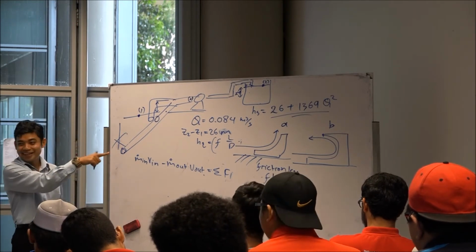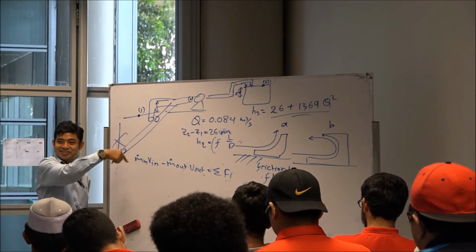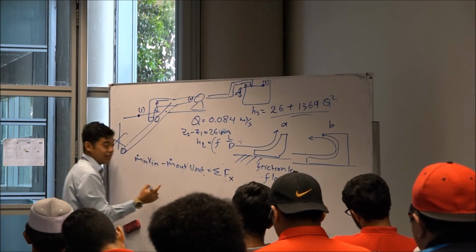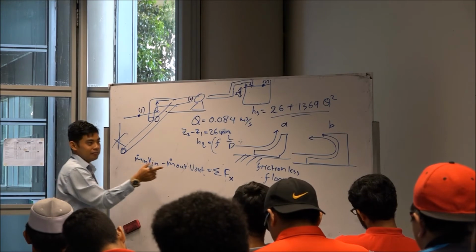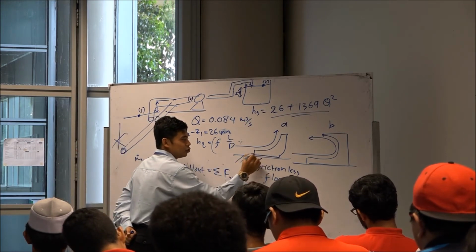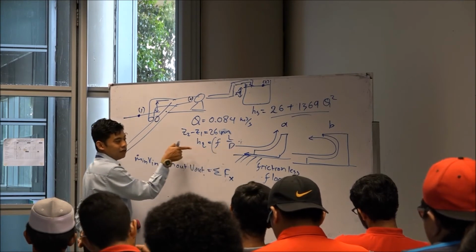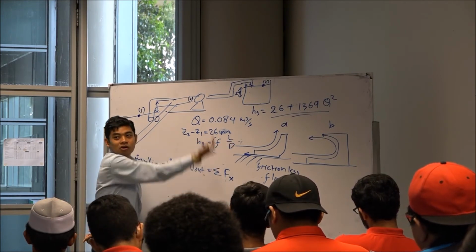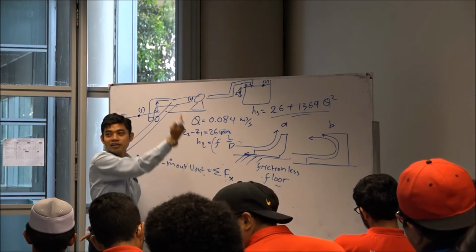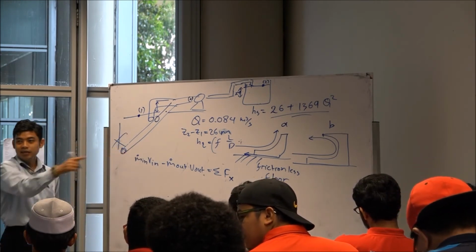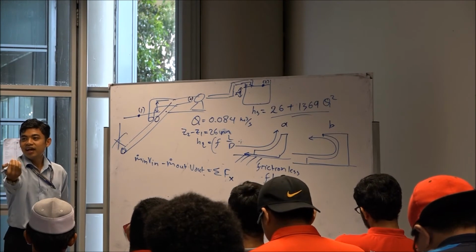We have to look at the velocity. Now, if we look at Fx only, because that is the force that is needed to hold it, this one will have inlet but no outlet, because outlet will be from the y direction, whereas B will have inlet and outlet.